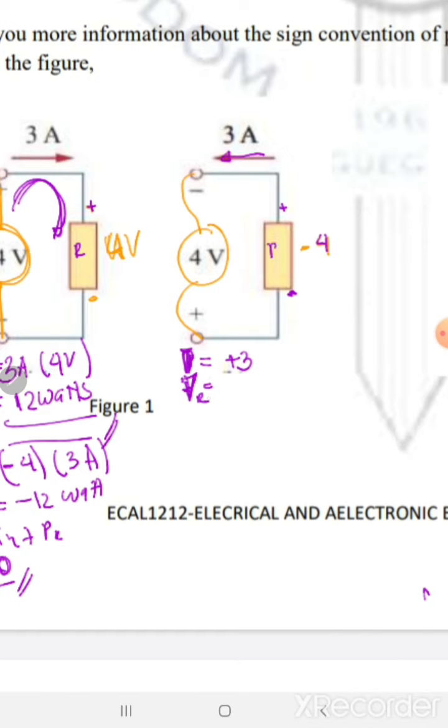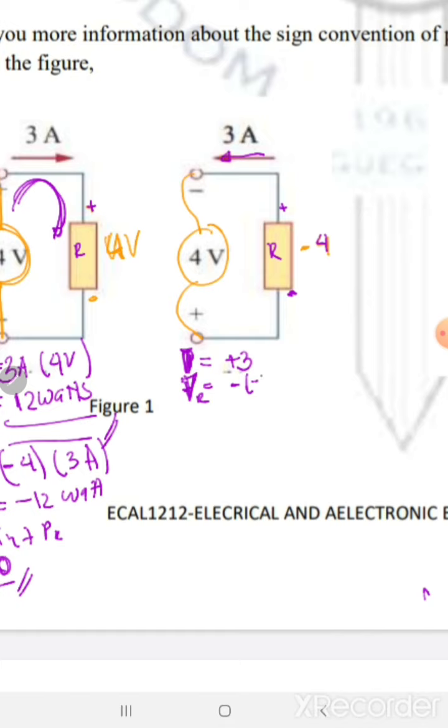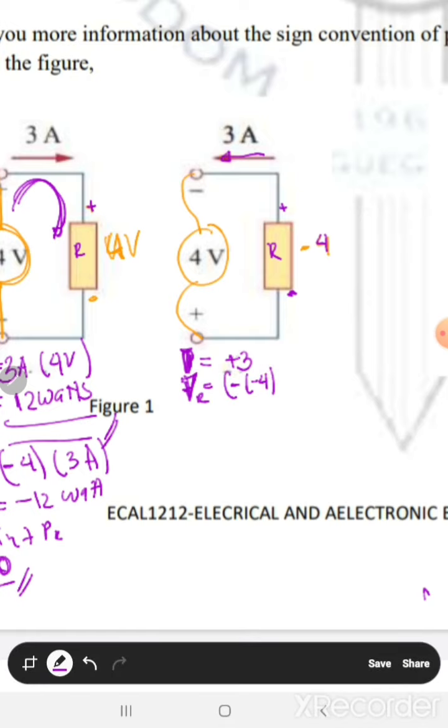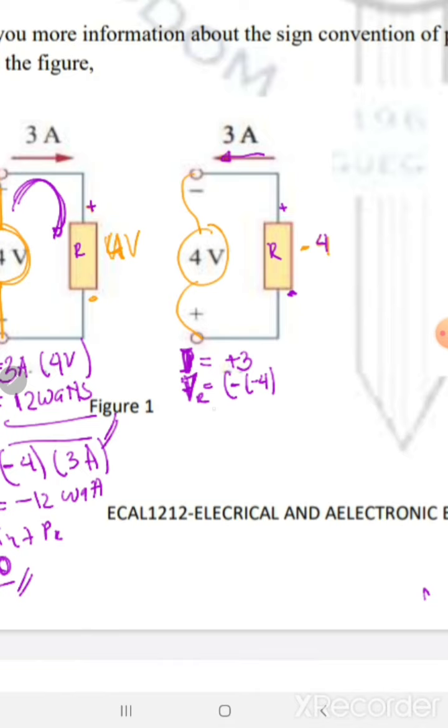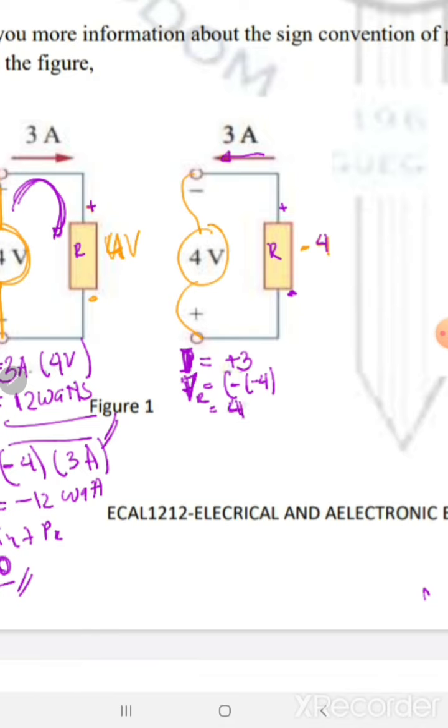Let's say this will be your R. It is equal to negative of your negative 4 plus your assumed current, which is multiplied by your assumed current, which is equal to 3 ampere, later on for the power. So, VR muna, your VR is equal to negative multiplied by negative is positive. So, therefore, my power at my R is equal to 4 multiplied by 3, which is equal to 12 watts.